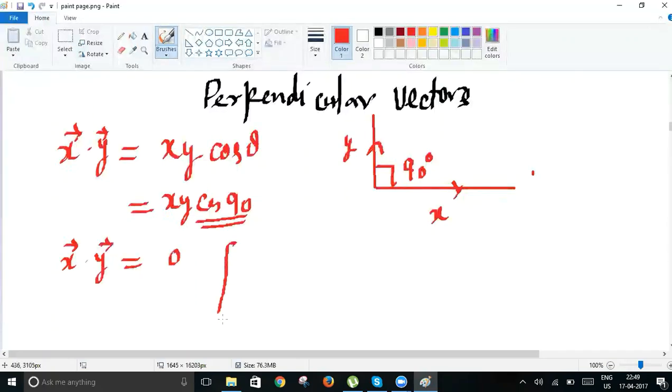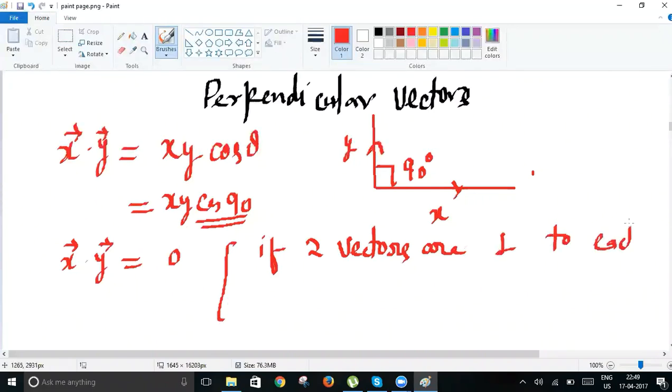So here we can see if two vectors are perpendicular to each other, then their dot product becomes 0.